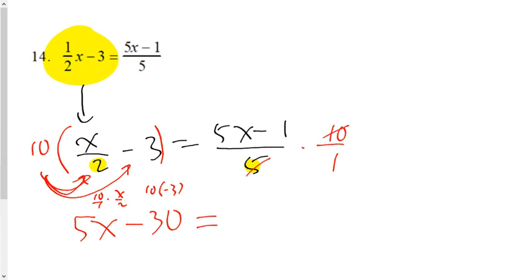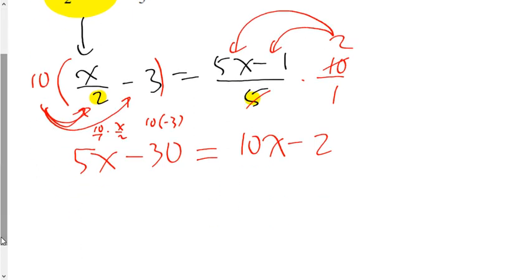And over here, you get two groups of this binomial, which would be 10x minus 2. So when you multiply both sides of that equation by 10, you end up with this equation. If you remove 5x from both sides, you get that.